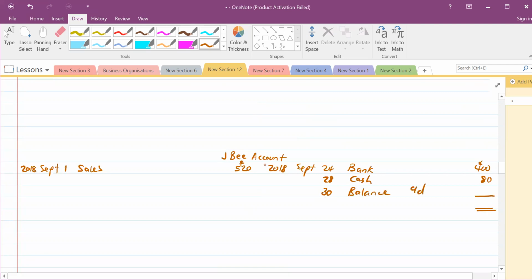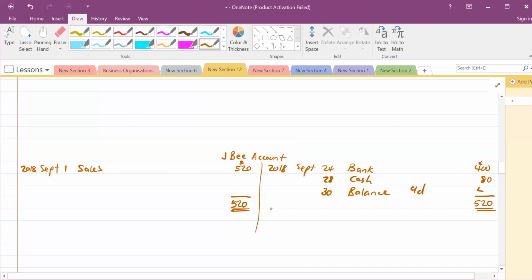Take note that the figures are written in these particular total columns. So 520, that should be 520. So if you say 520 minus 400 minus 80, you get 40. So we have 40 over there.